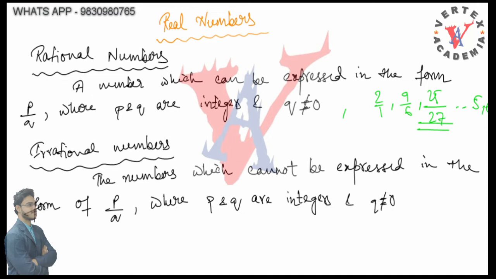The examples here include root 2, root 3, pi, root 2 by root 3, many examples are there.